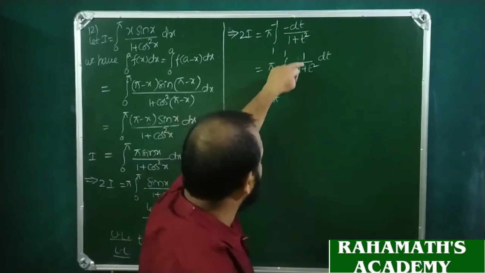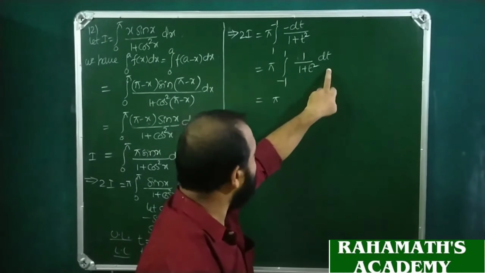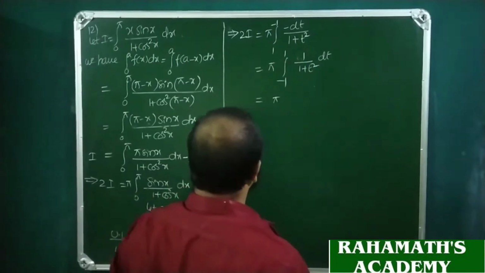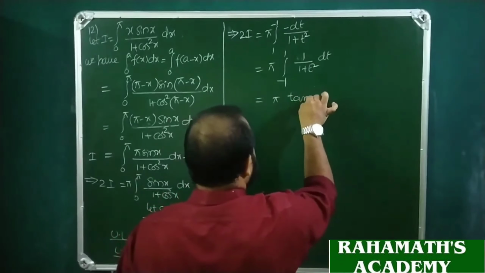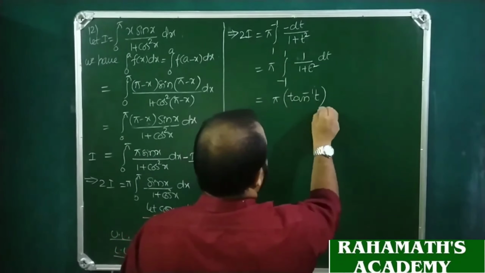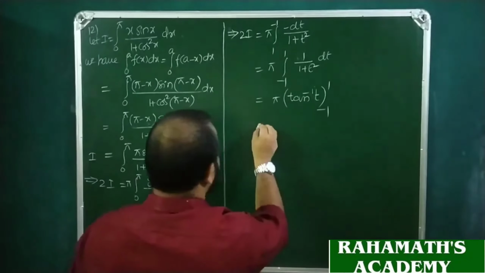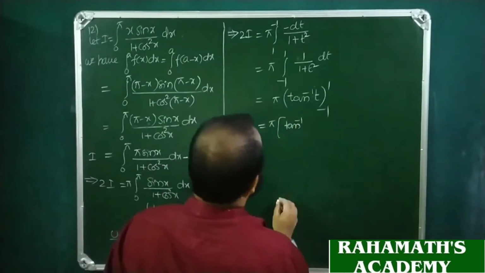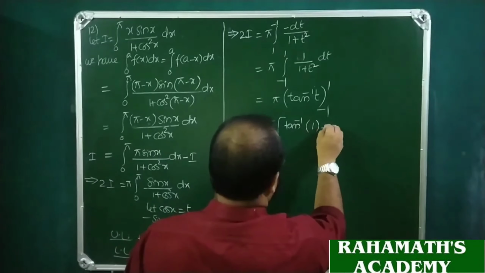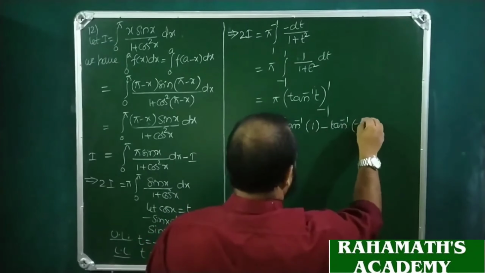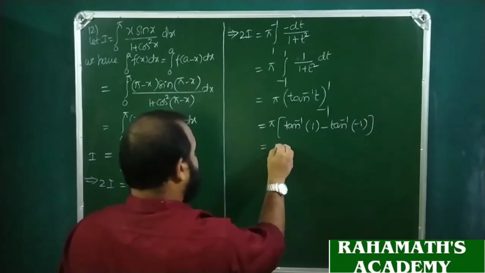We are all familiar with the formula: integral 1 by 1 plus x square dx is tan inverse x. So what is the integral 1 by 1 plus t square dt now? Tan inverse t. Since the process is over, minus 1 to 1 is to be written here. So pi into tan inverse t, upper limit 1, minus tan inverse t, lower limit minus 1.